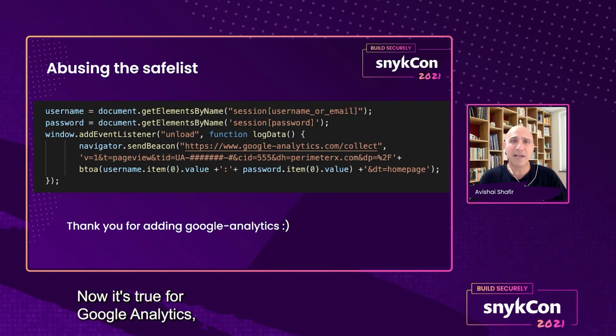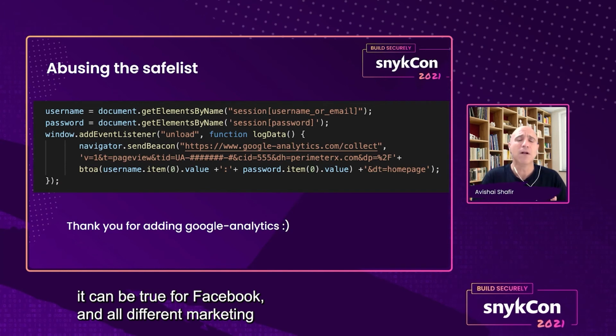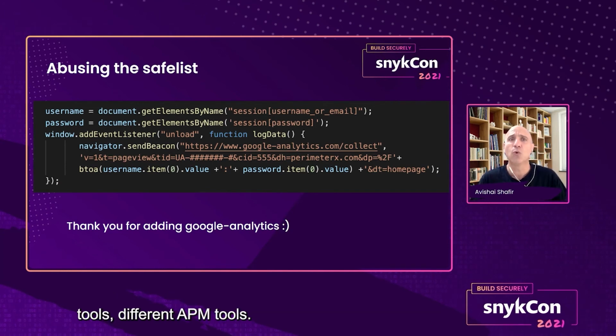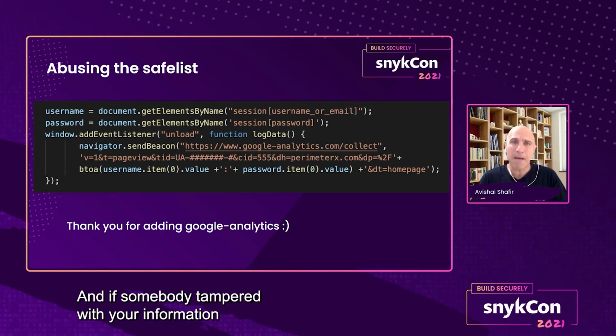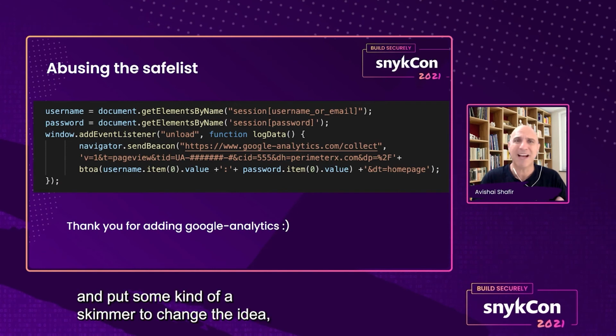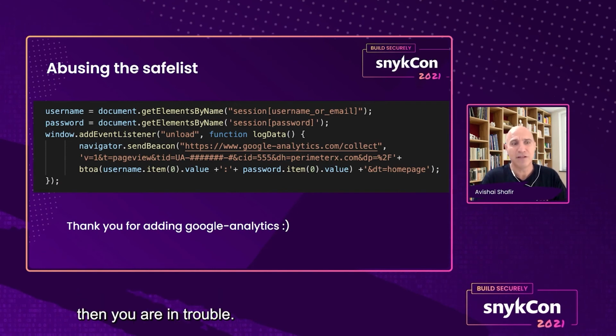It's true for Google Analytics. It can be true for Facebook, all different marketing tools, different APM tools. All of these tools can always get data, and if somebody tampered with your information and put some kind of schema that changed the ID, then you are in trouble.